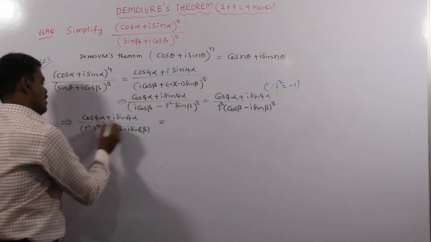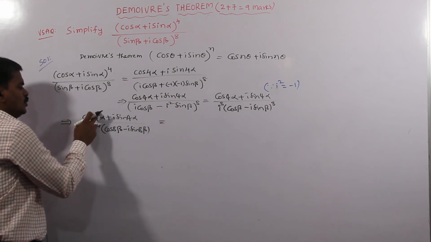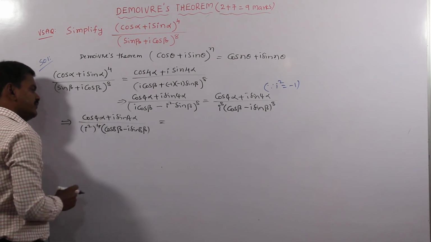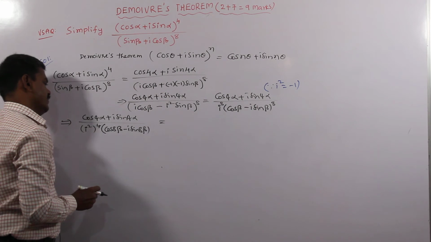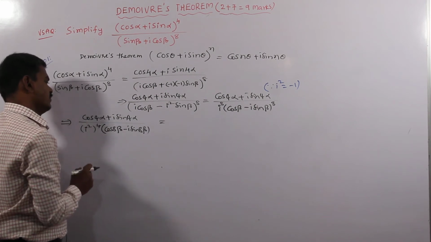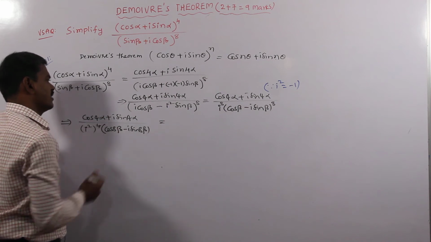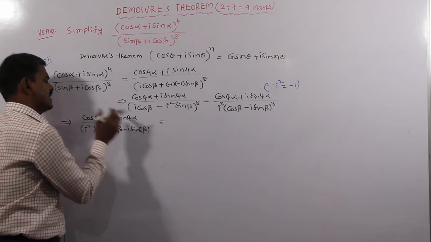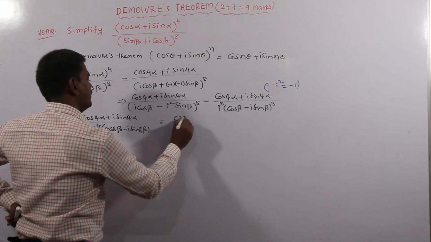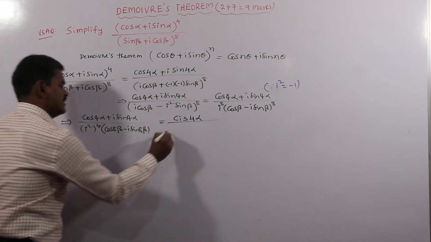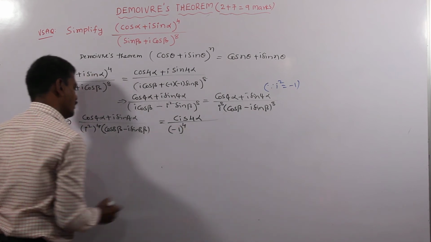Now, it is better to use short form. I told you, in case of multiplication or division between two complex numbers, use short form instead of original form, because we have formulas in short form. Cos 4 alpha + iota sin 4 alpha in short form can be written as cis 4 alpha, divided by iota square is minus 1, whole power 4.